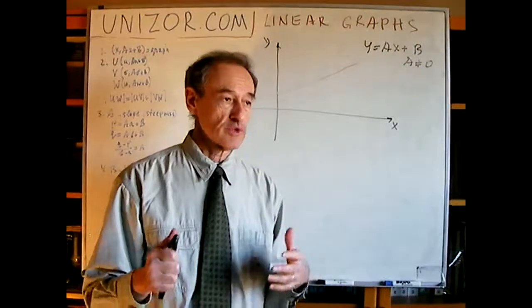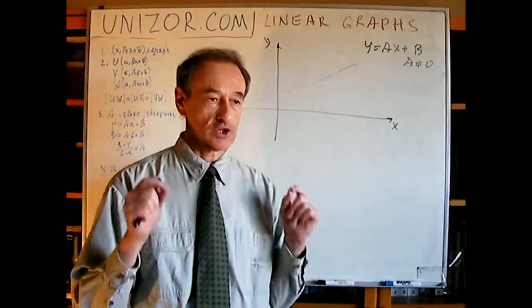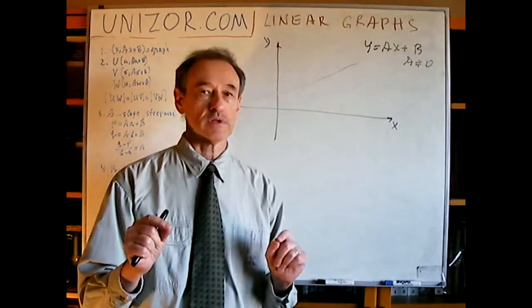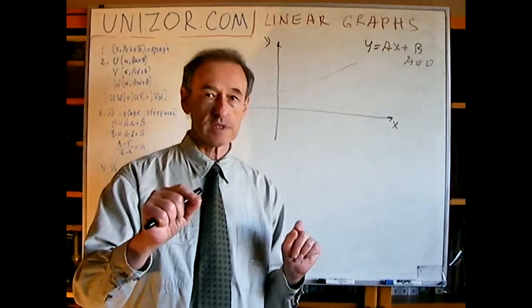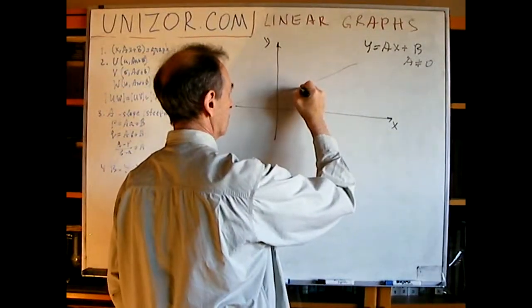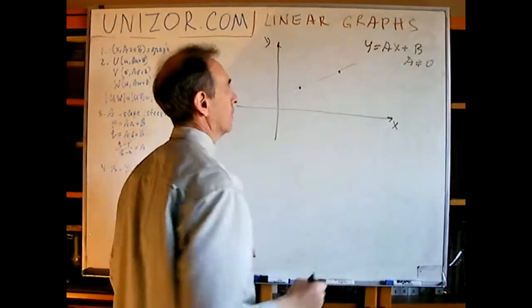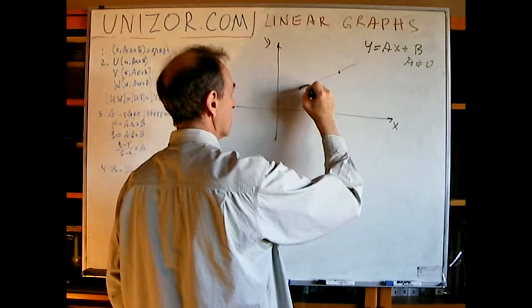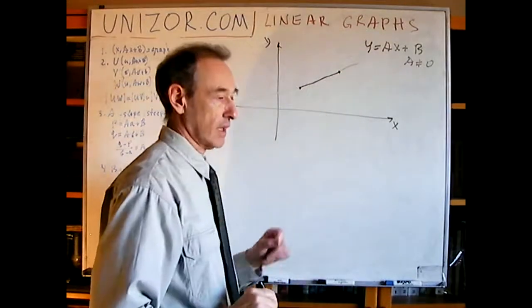We all know from geometry that the shortest distance between two points on a plane is along the straight line between them, right? So if you have 2 points, then the shortest distance is along the straight line.